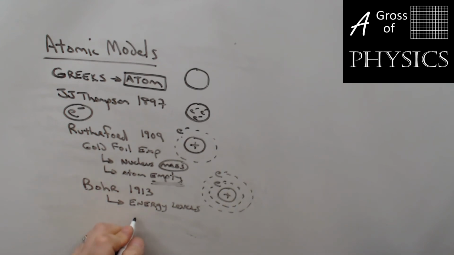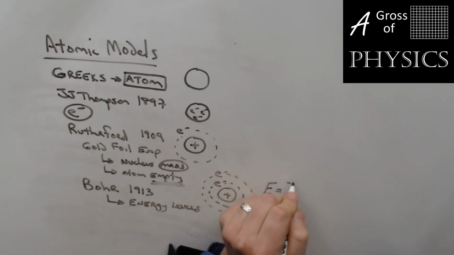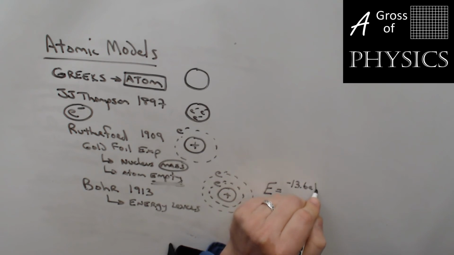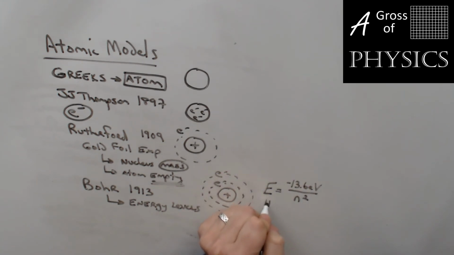Now, what's really interesting about the Bohr model is that he was able to use an equation to figure out what the value was for the energy levels. And this is what we're going to discuss in our next topic tomorrow. But for the hydrogen atom, we have an equation that can allow us to calculate the energy levels.